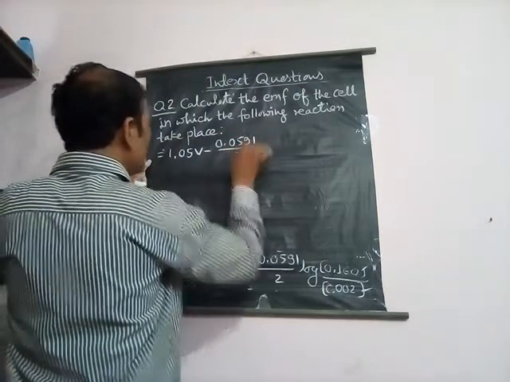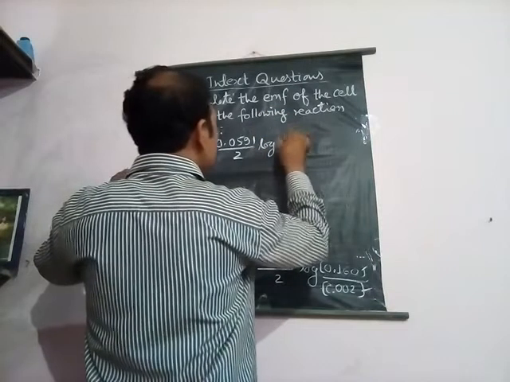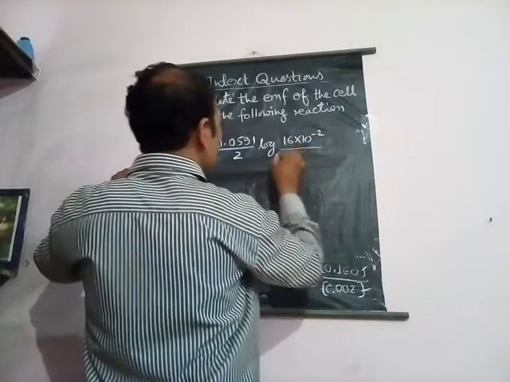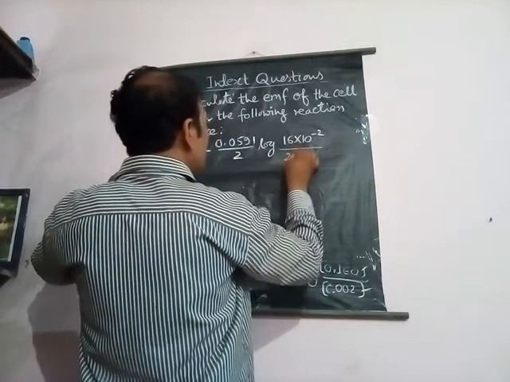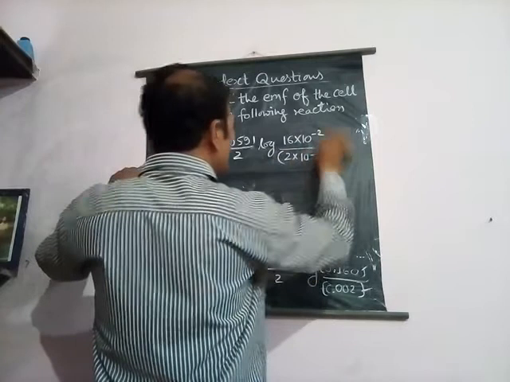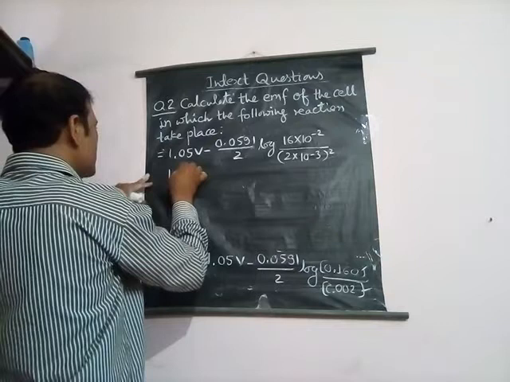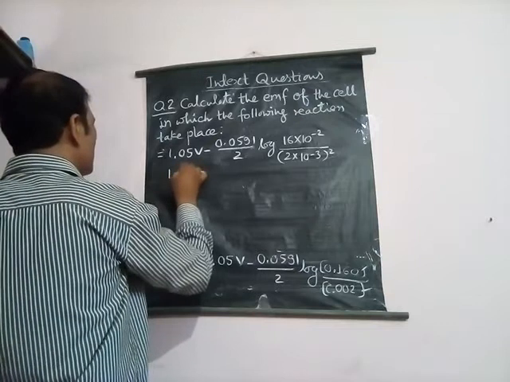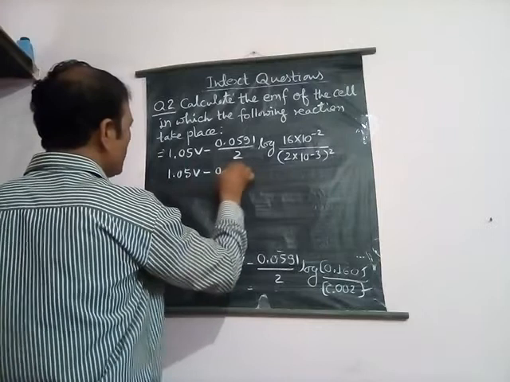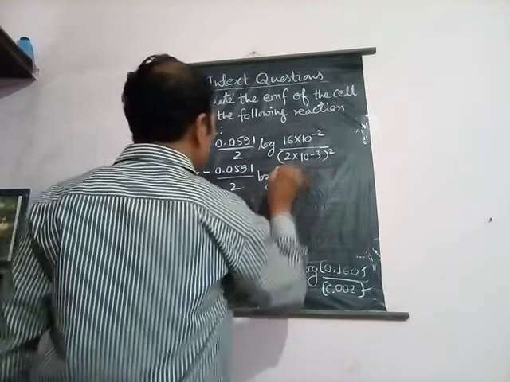0.0591 divided by 2 log 16 into 10 to the power minus 2 divided by 2 into 10 to the power minus 3 to the whole power 2. Okay, on further solving this equation, we will see 0.0591 divided by 2 log.